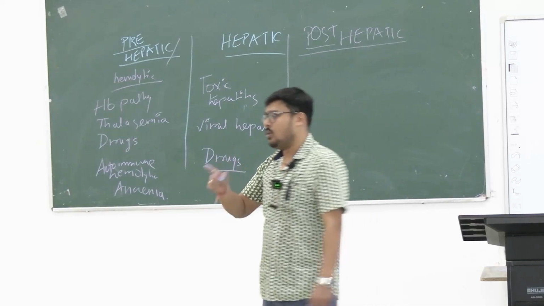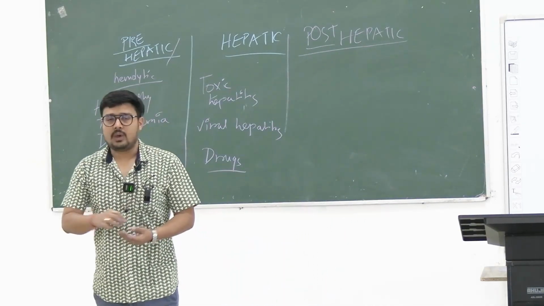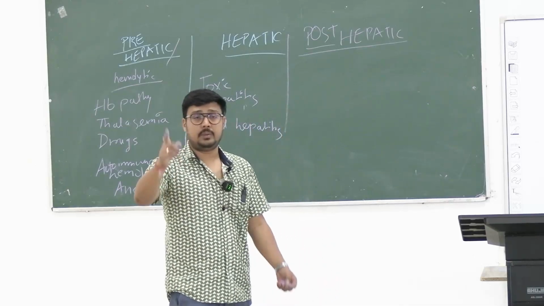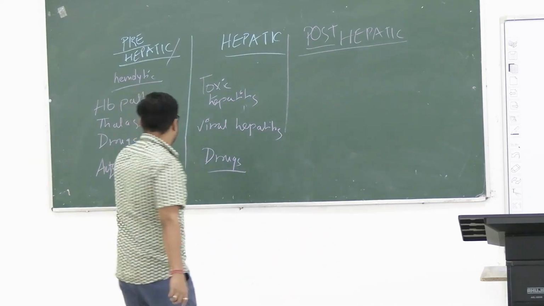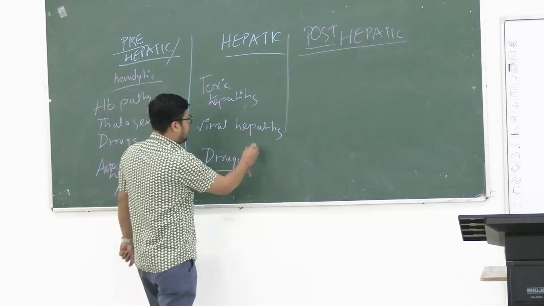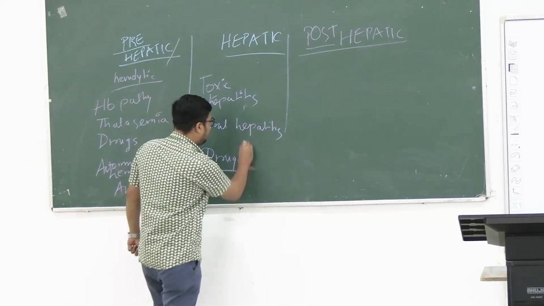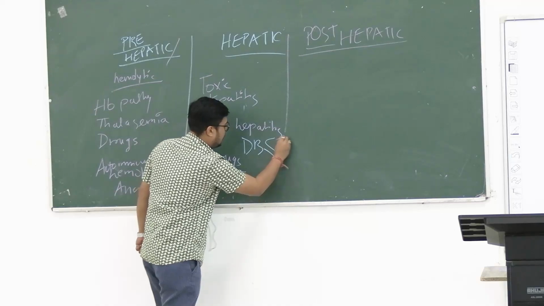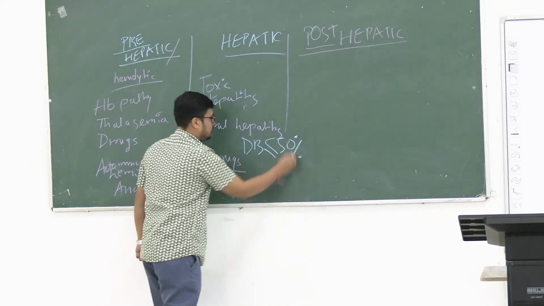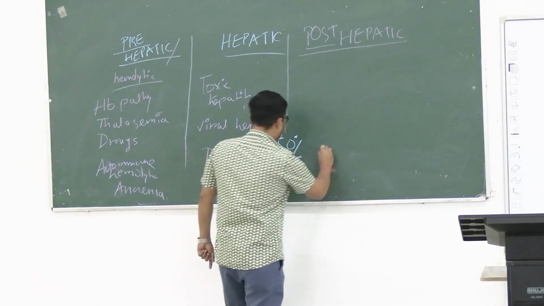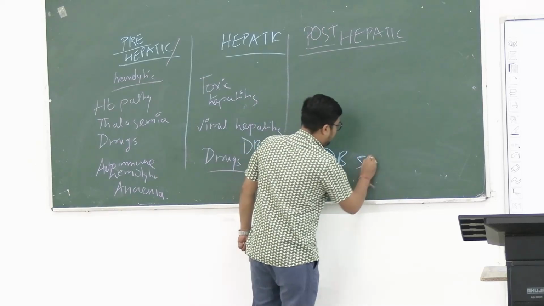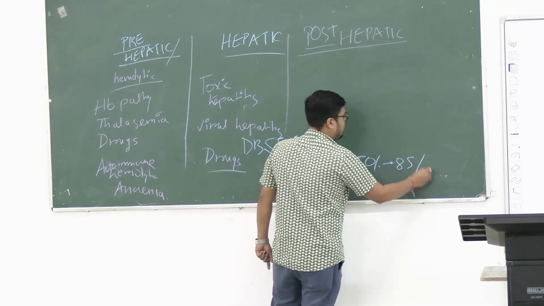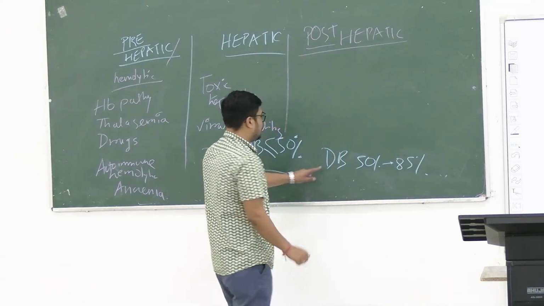In LFT, we need to check whether the direct bilirubin will cross more than 50%, up to 85%. But in hepatic jaundice, the direct bilirubin percentage will be less than or equal to 50%. And the direct bilirubin percentage of total bilirubin in post-hepatic jaundice is nearly 50% to 85%. So the direct bilirubin portion is increased.